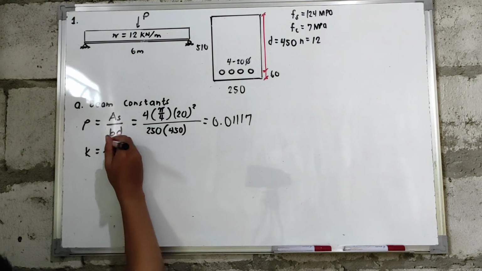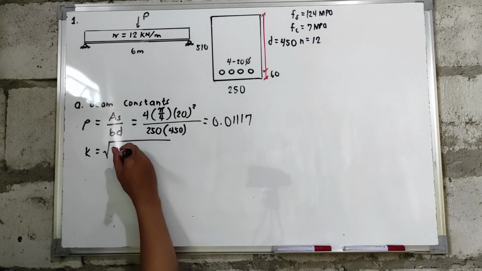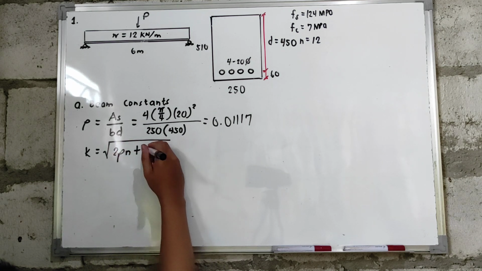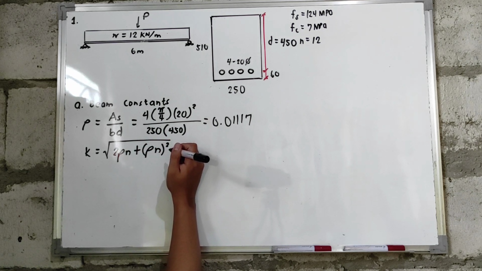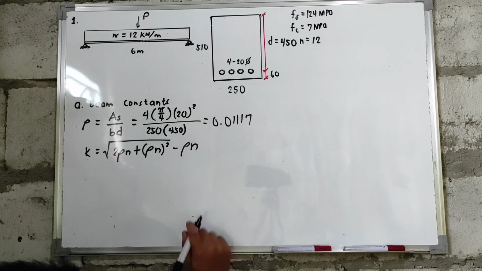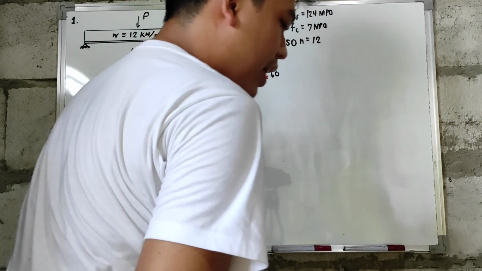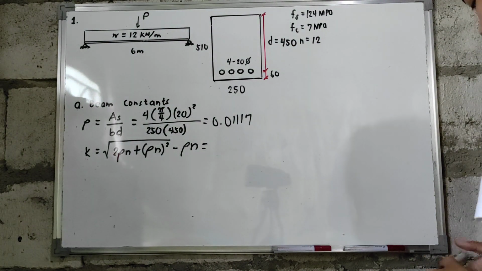So, K is equals to square root of 2 rho n plus rho n quantity squared minus rho n. So, for this, isa-substitute lang natin yung mga values natin for rho at saka yung n.